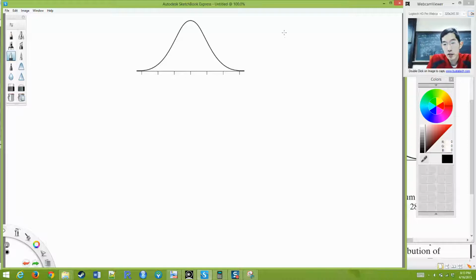Okay, so let's say for adult females in the US, height is approximately normal. And the mean average female height in the United States is around 5'4", 5'5".